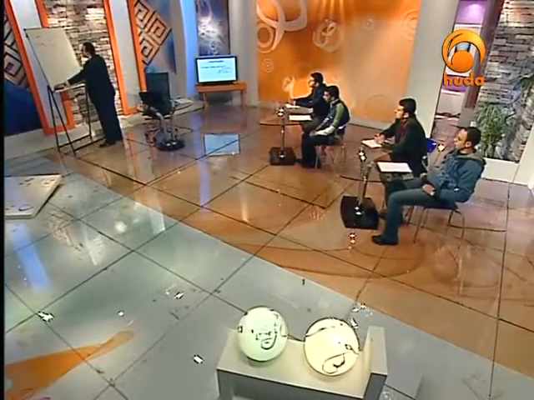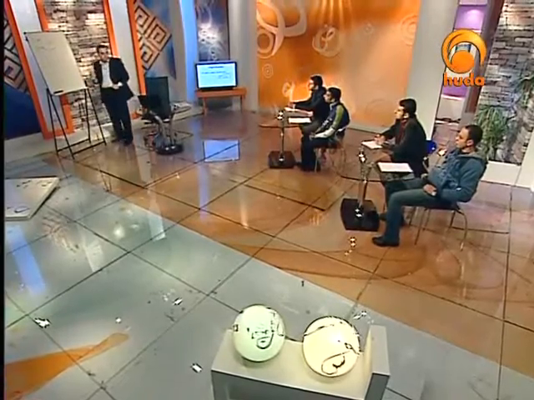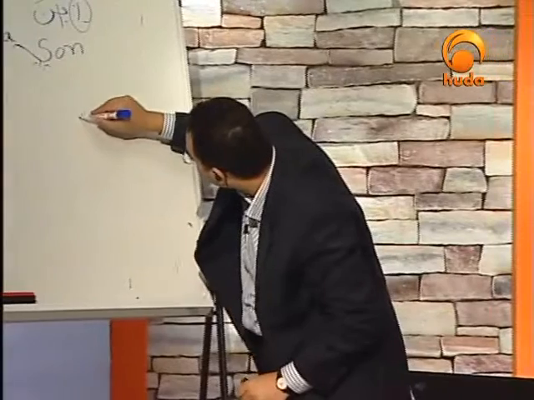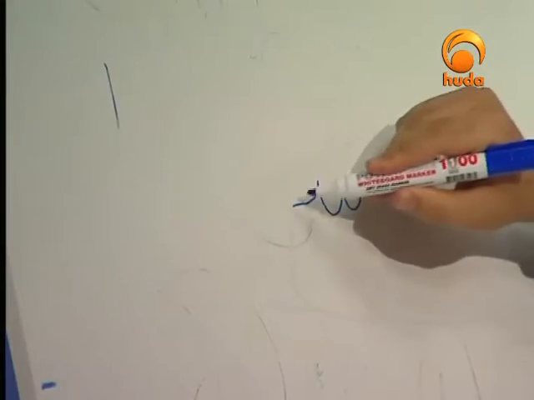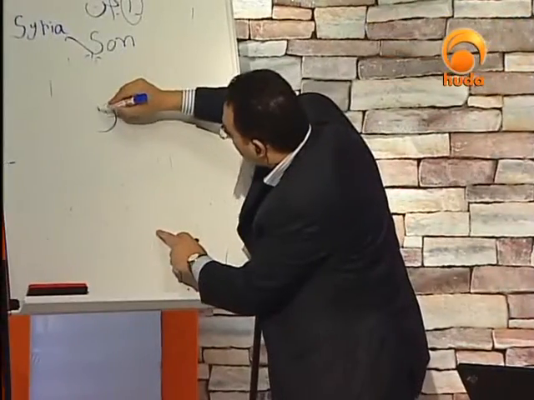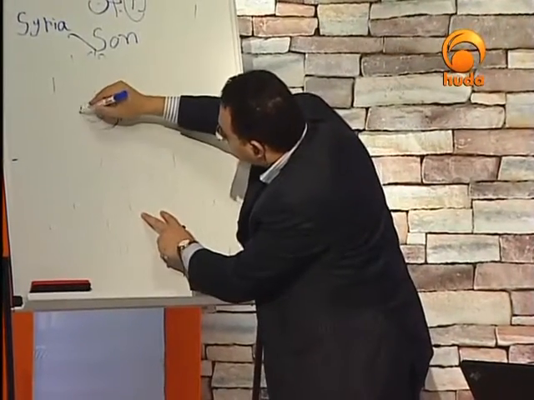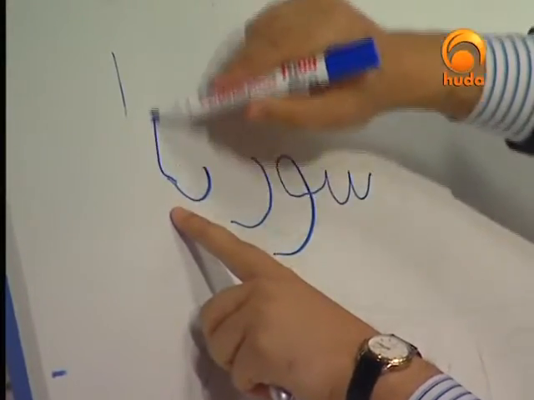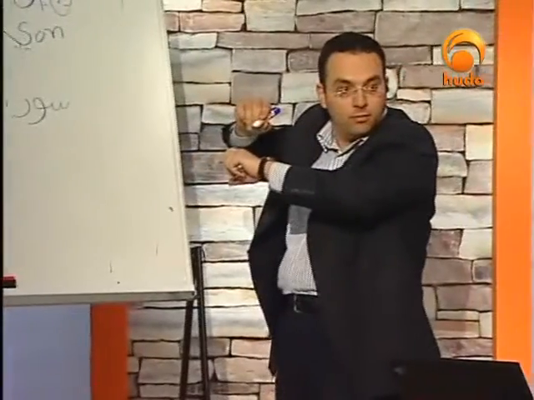Okay. So please focus on the style of writing here. This is sa. Ra. And this is my focus here. It's this one. This one is from bottom to top. Exactly.